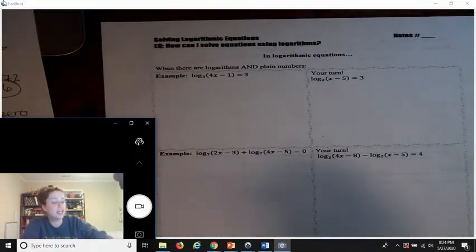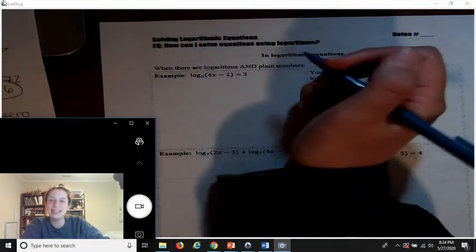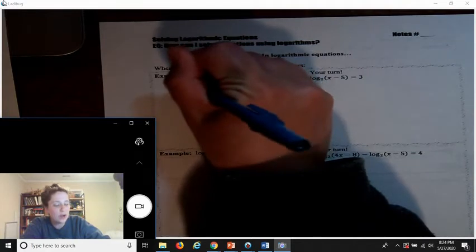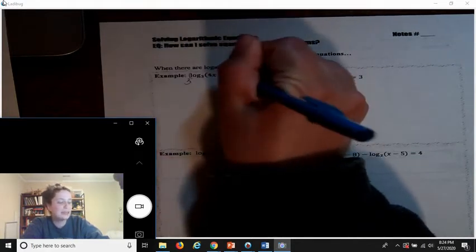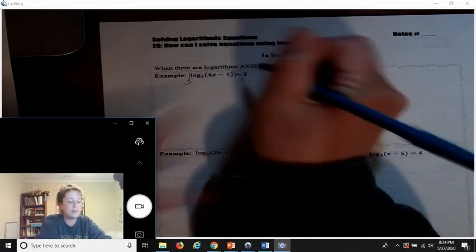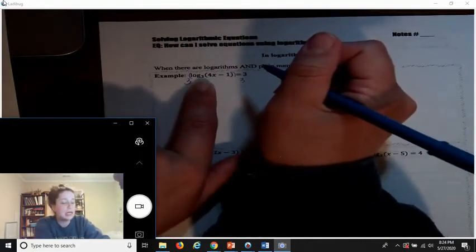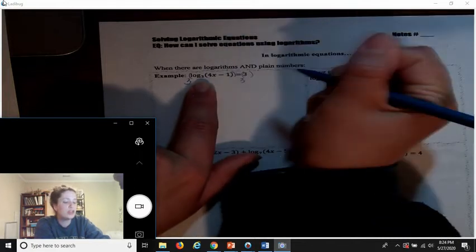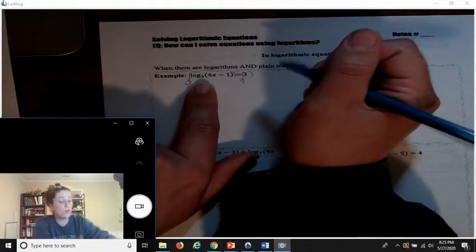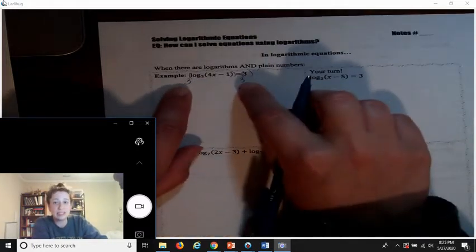Or you can imagine it as raising each side with the base, not necessarily e, but whatever the base of your logarithm is. So the thing that's in the equation becomes the exponent, and we're creating a new base, basically.